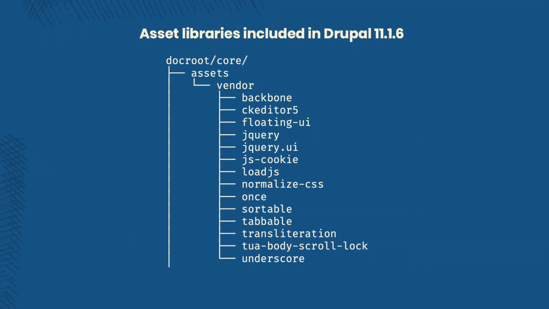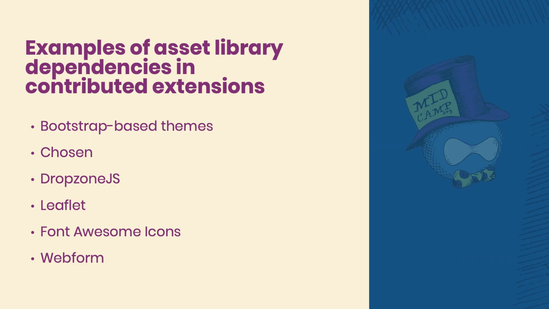In Drupal core development, Yarn is used, but there is no standard asset library tool that is officially recommended the way that it is with Composer. So within contributed extensions, you see a lot of dependencies on asset libraries. So for example, Bootstrap themes, of course, require Bootstrap in some way.